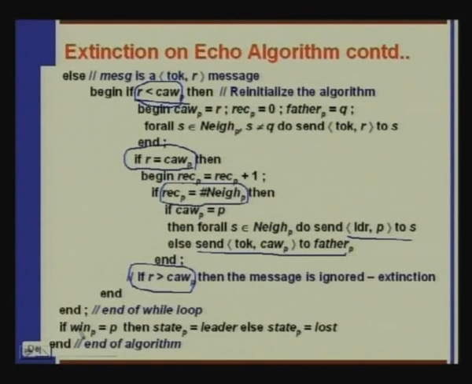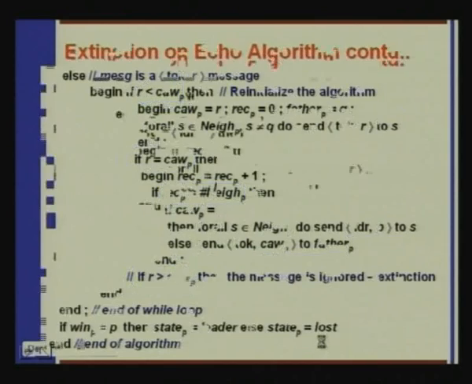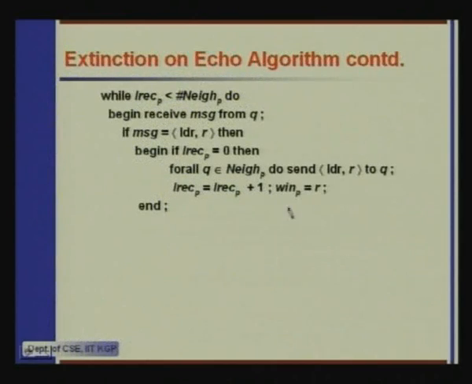Then finally, at the end of this whole thing, if win P is equal to P, then state P is equal to leader, else state P is equal to lost. Now, what is win P? Who sets win P? Where did we set win P? Here.